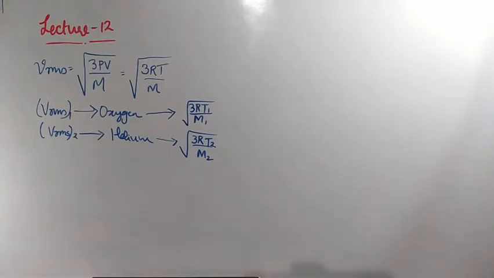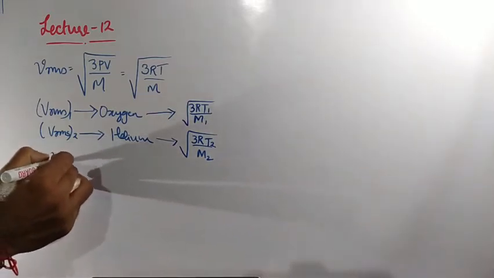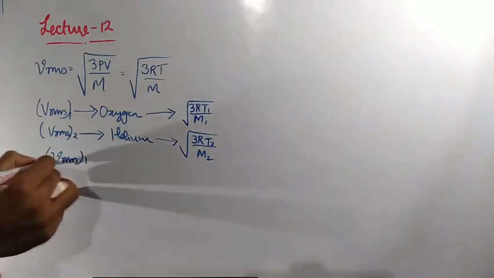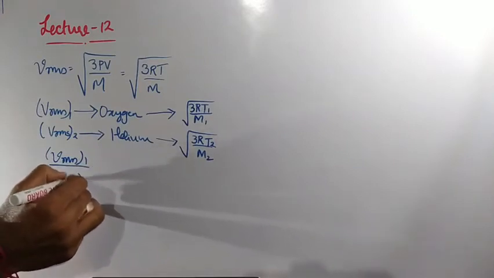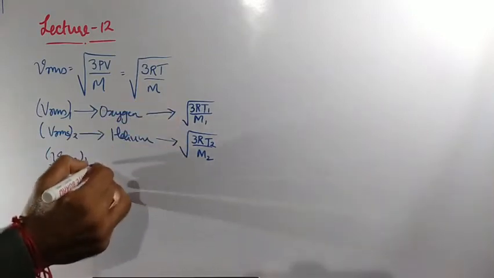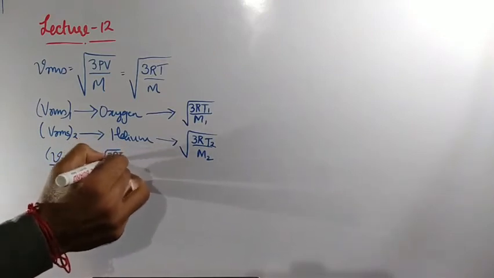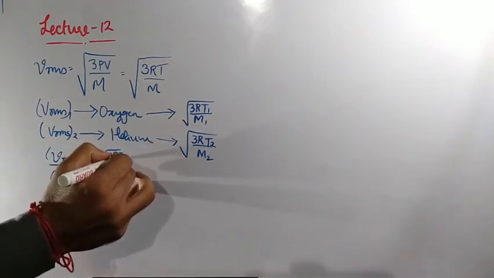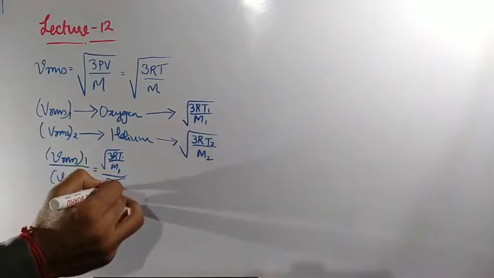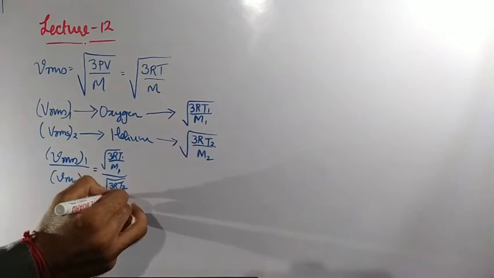Now take the ratios, or otherwise you can equate also. VRMS 1 divided by VRMS 2 will be equal to root of 3R T1 by M1 whole divided by root of 3R T2 by M2.